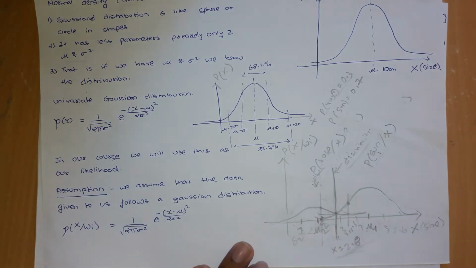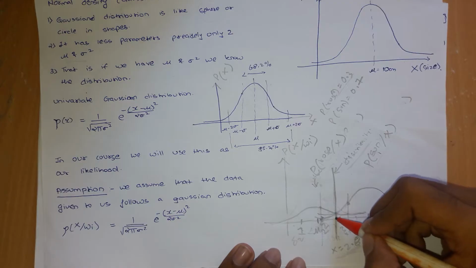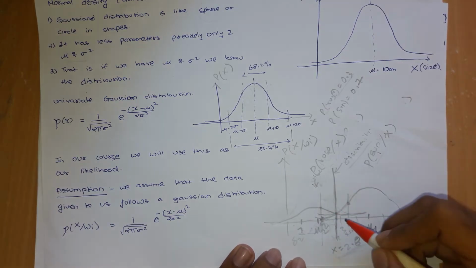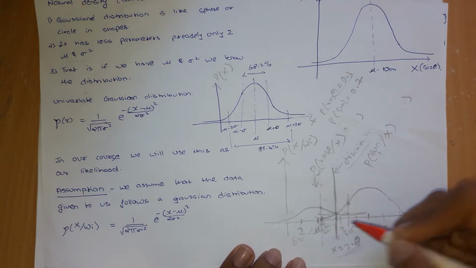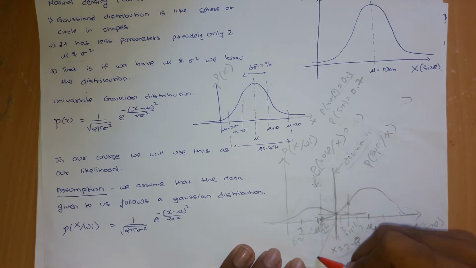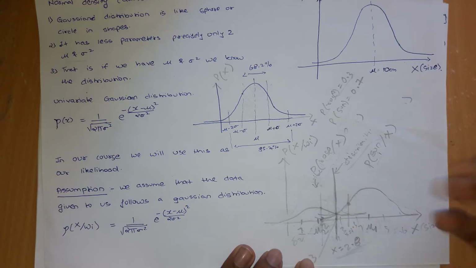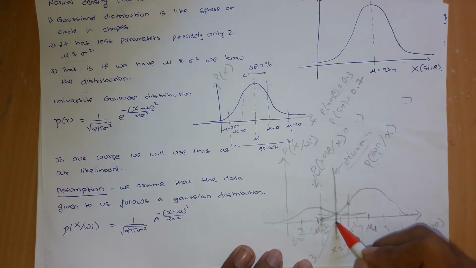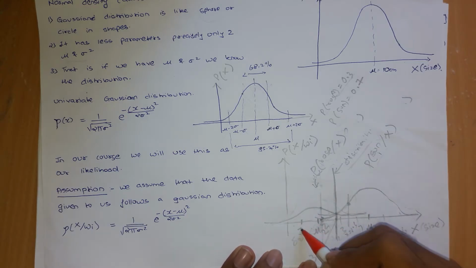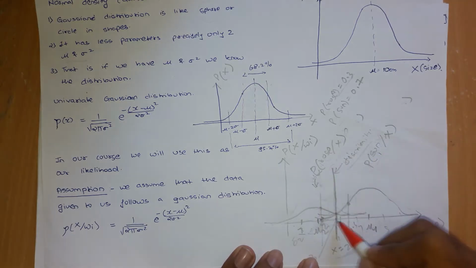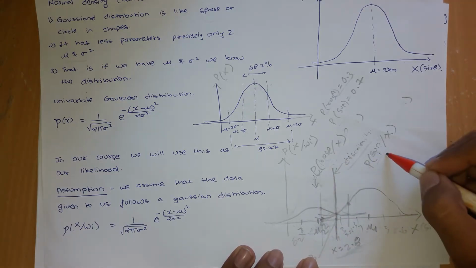So why is this useful? This is useful because if suppose I know this point over here, say this point is 3, then I don't need to calculate the probabilities now. If my size is less than 3, I will say it is a rose. If my size is greater than 3, I will say it is a sunflower.